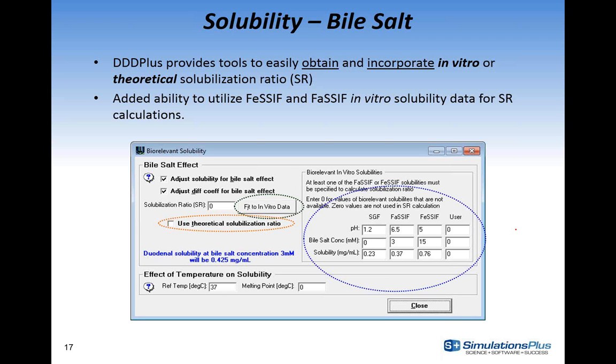We've also added the ability to have a user-defined biorelevant media. So if you have some sort of solution that's slightly different than FaSIF or FeSIF, you can add that in as well as the solubility in that media and calculate the solubilization ratio. We also provide the theoretical solubilization ratio calculation that will use the log P of the molecule to define the solubilization ratio.